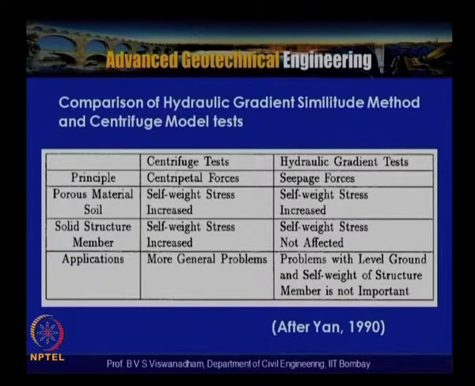And for a solid structure member, it can be a pile member, a footing member, a retaining wall, any member which is being tested, the self weight stresses are also increased in the centrifuge model test.